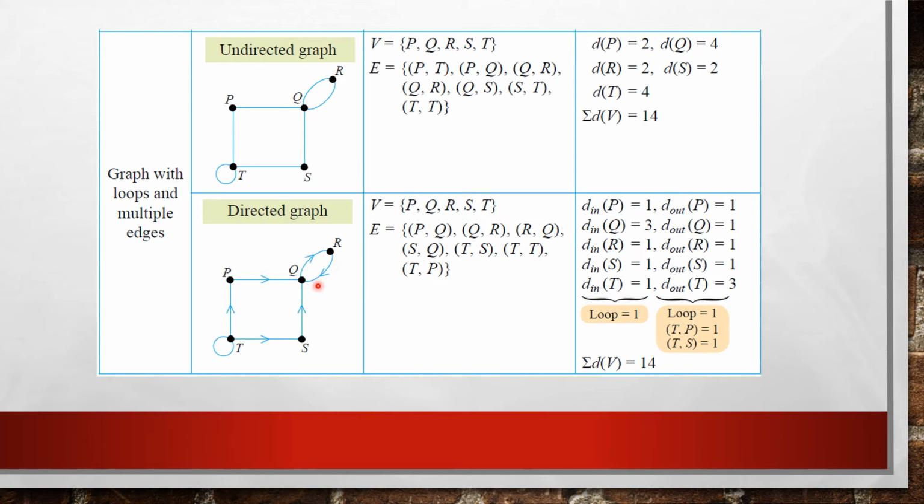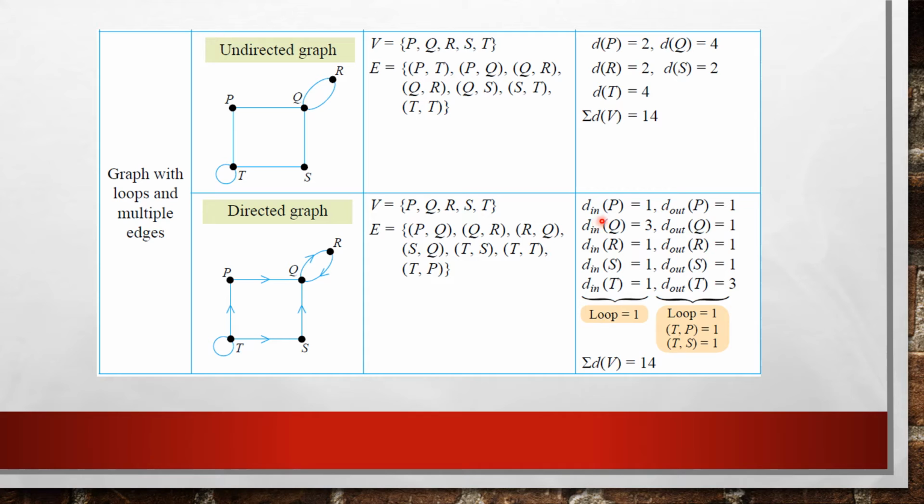Follow the arrow. Next, SQ, starts from S, ends at Q. Then TS, starts from T, ends at S. Loop starts and ends at the same vertex, so TT, then the last one is TP. So the total edges you have is 7 also. So either you use your formula 2 times 7, you get 14, or you can calculate 1 by 1.